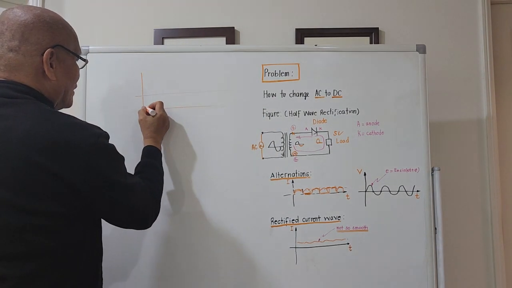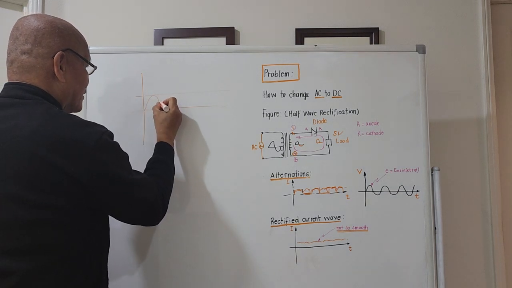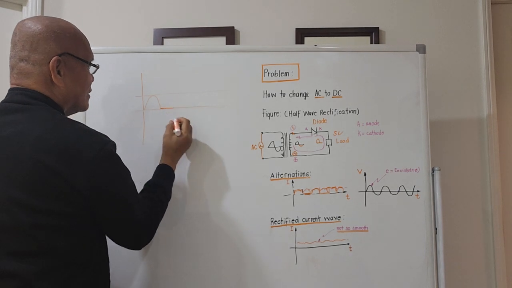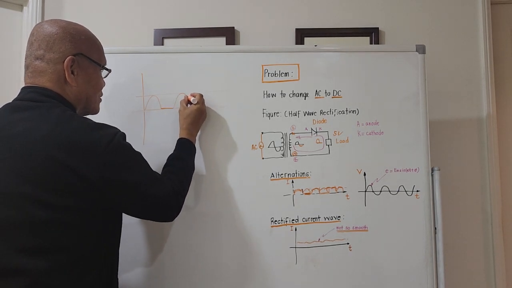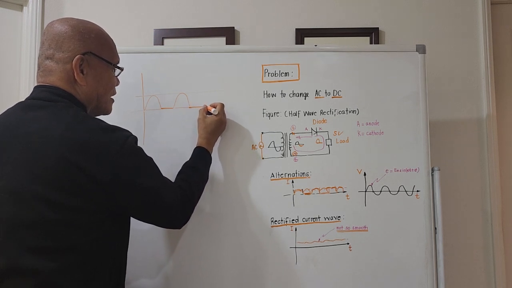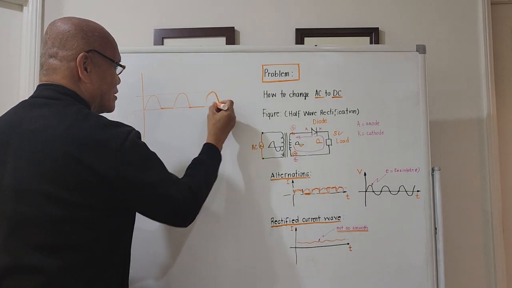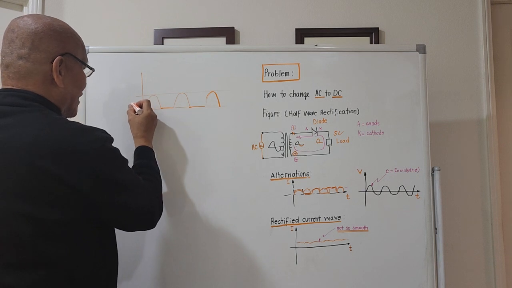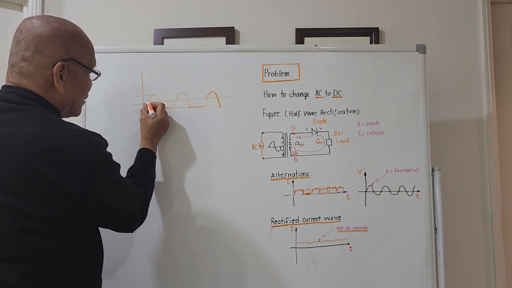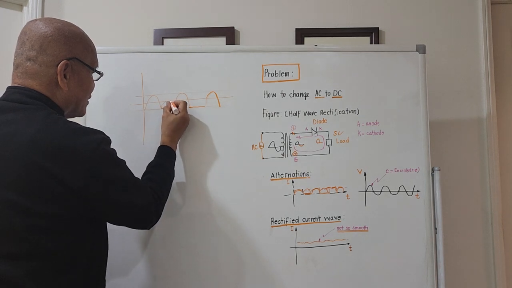For the positive alternation, the current is this. Negative alternation, it is this. Positive alternation, it is this. Negative alternation, it is this. Positive alternation, it is this. So if we try to take the average of this, we cut this in half, we get this one, we place it here.